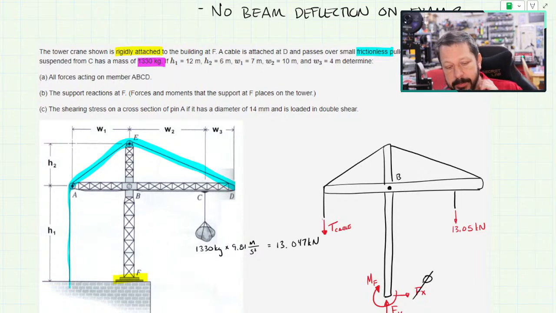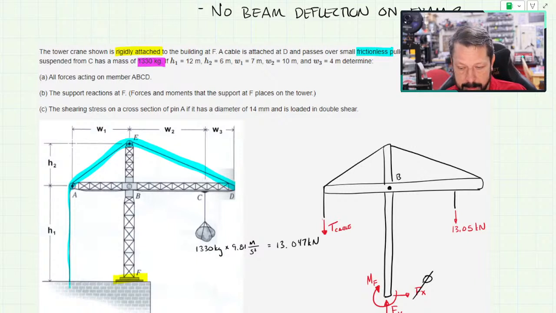So if you get to this point, even though the little flowchart algorithm type thing that I said is, when you have a frame, first thing to do is find the external reactions. Sometimes you get there and you can't do that. Like we solved for Fx just by observation, really. But we can't solve for anything else.